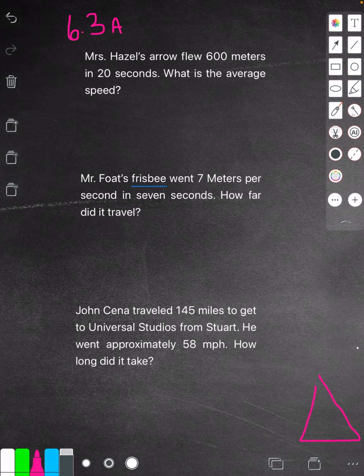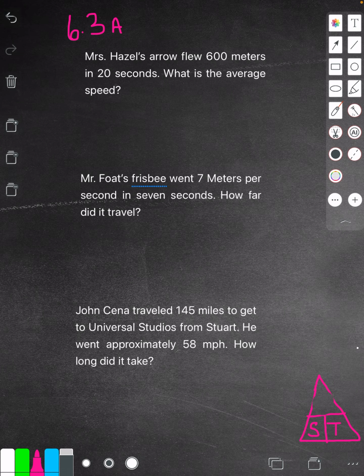This is the speed, distance, time triangle. Distance is in the top, speed is on the left, and time is on the right bottom. Basically, what that means is that if we were trying to find the distance of something, you would take your thumb and you would cover up distance.